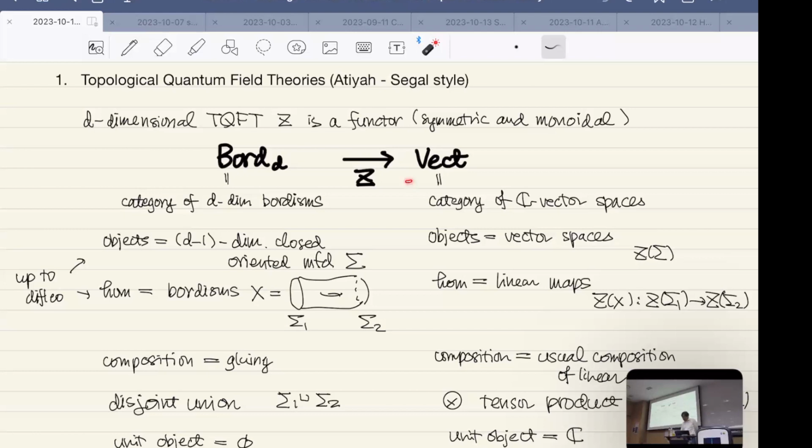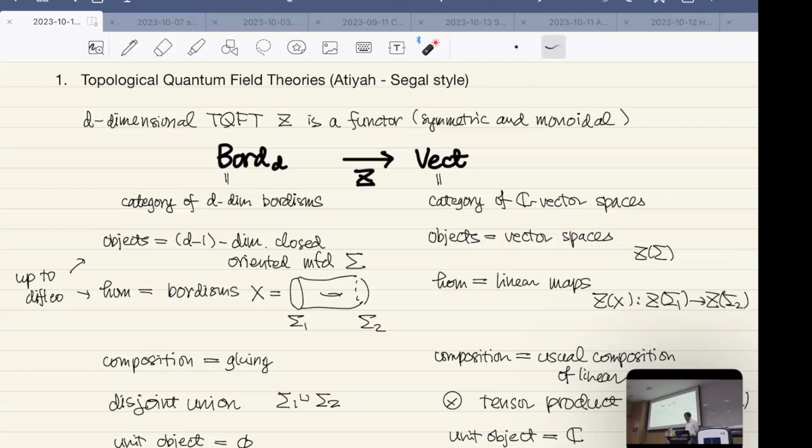So the target category is the algebraic category. You consider the category of C-vector spaces, and objects are vector spaces, and the homomorphisms are linear maps. The composition of homomorphisms is just the usual composition.